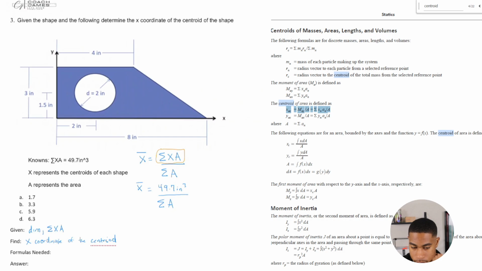Now, important to note that it looks like this trapezoid has a hole in it, right? And that's the circle, that it has a diameter of 2 inches.